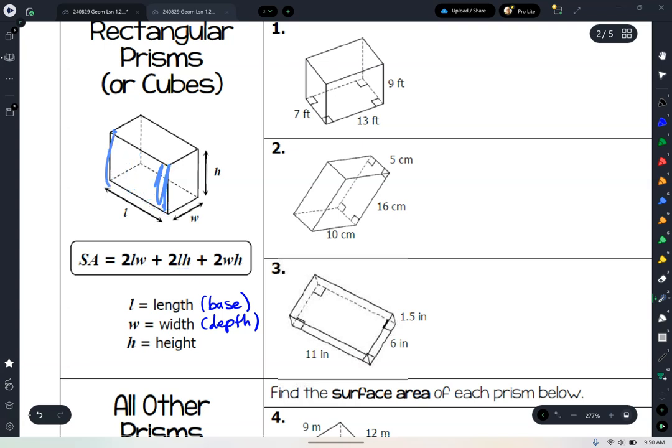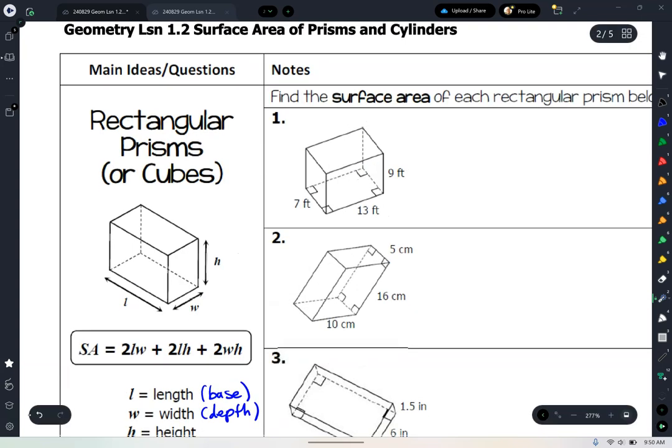And there are two planes that match that same length times height measurement, and so we have two length times heights. Do you see it? And then we have two length times widths, and then we have two widths times heights. Those will be the ends over here. And so by finding the area of one of those, we just double it and we come up with our answers. Easy enough? Okay, this one's one of the simpler ones.